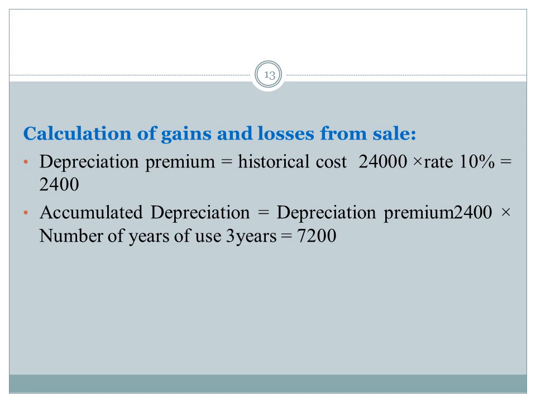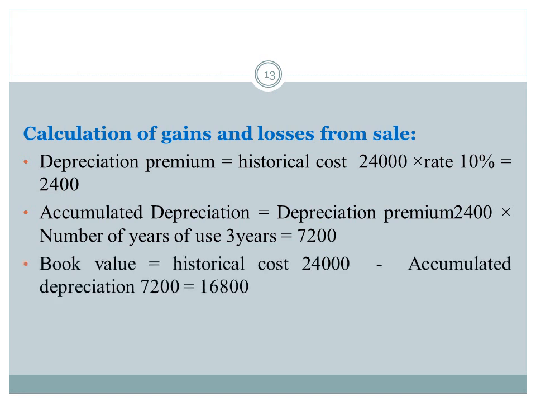Accumulated depreciation: premium for the year 2,400 multiplied by number of years of use of the asset, 3 years, so the accumulated depreciation equals 7,200. Book value of the asset: historical cost 24,000 minus accumulated depreciation 7,200 equals 16,800.